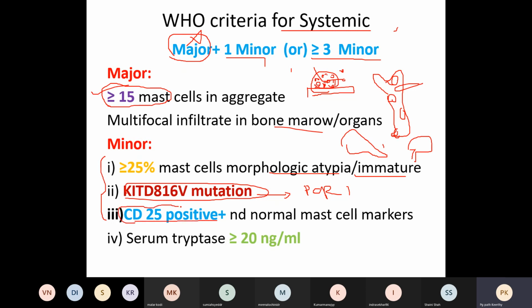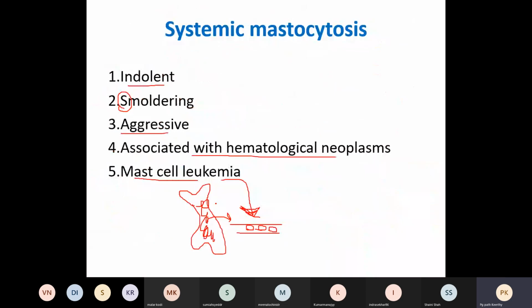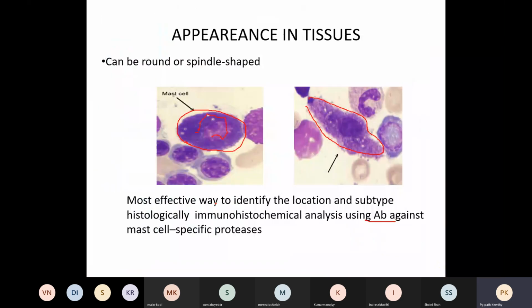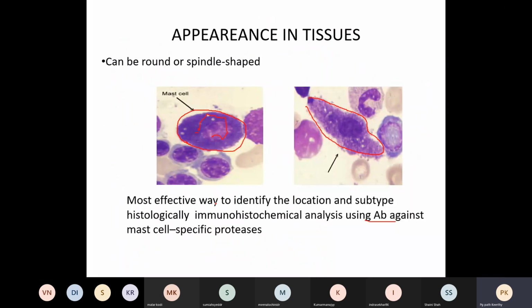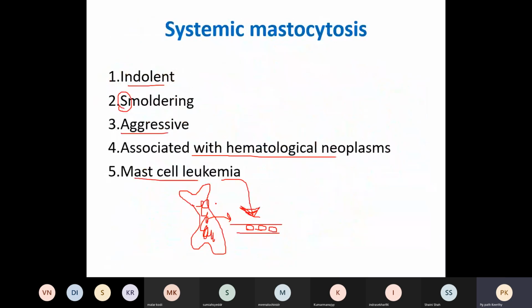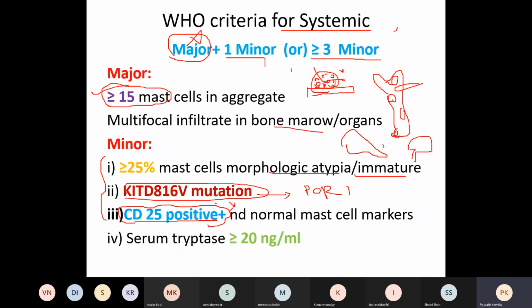Remember, CD25 is not a normal marker present on our mast cell, right? What are the normal markers that we read? CD34, CD117 positive, CD13 negative, and serum tryptase. So where did this CD25 come from? Whenever a cell becomes malignant, it starts expressing aberrant markers.